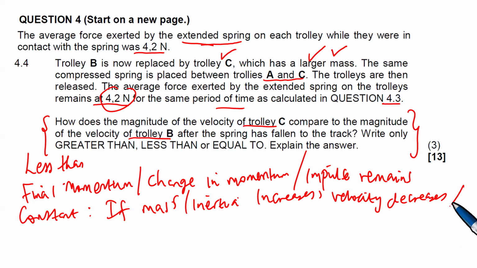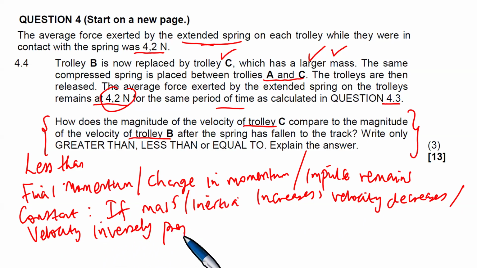Velocity decreases, or velocity is inversely proportional to mass. The final momentum, change in momentum, impulse remains constant.